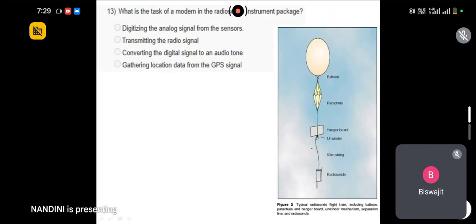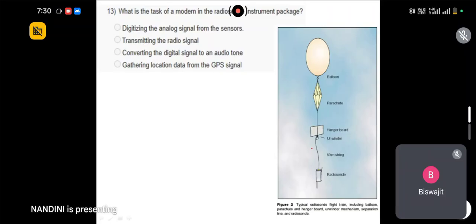And that's why a radio sonde is used, and it will have a modem in order to transmit the radio signal. Whatever is getting measured is actually getting transmitted to the ground receiving station. So that's why we have a modem in the package.